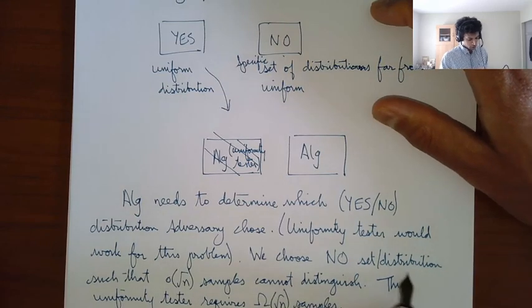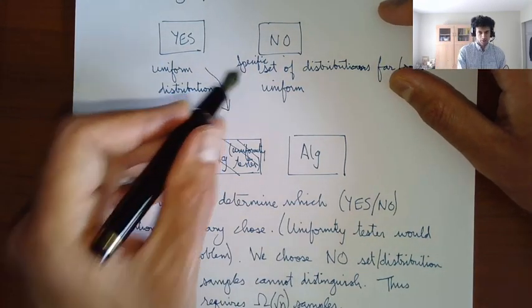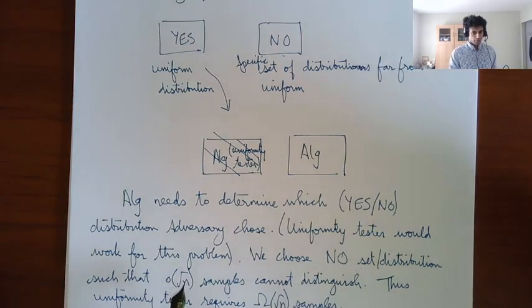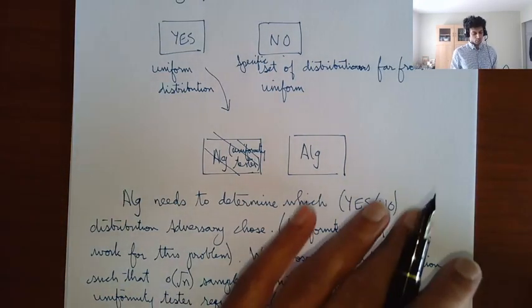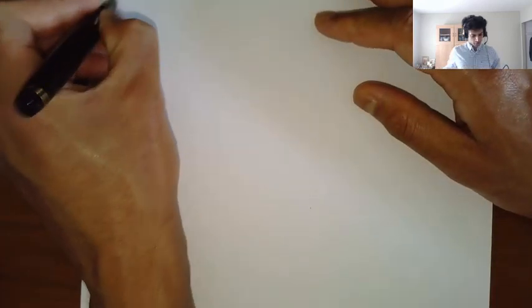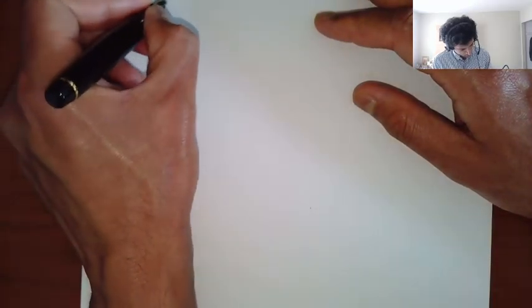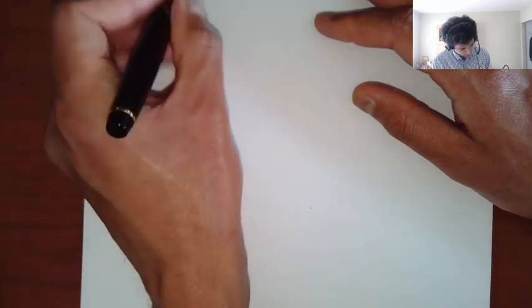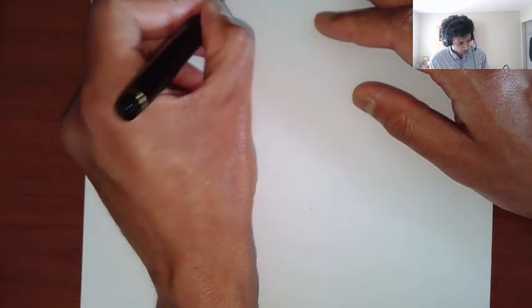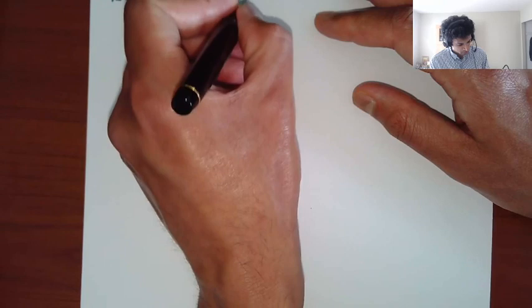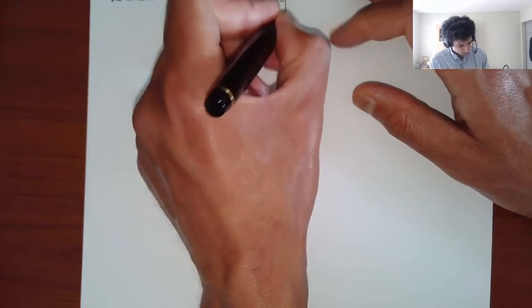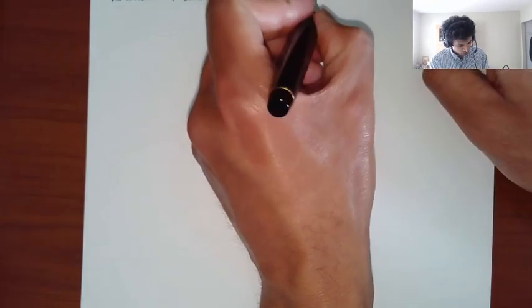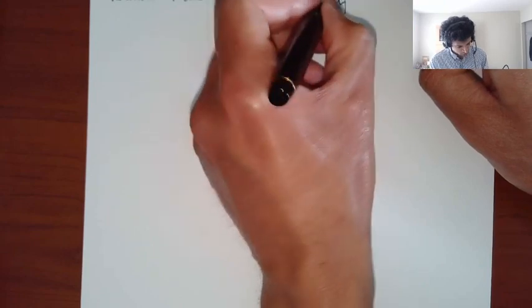So we need to choose this no distribution in such a way that square root n samples cannot distinguish between these. And this is often referred to as statistical indistinguishability.